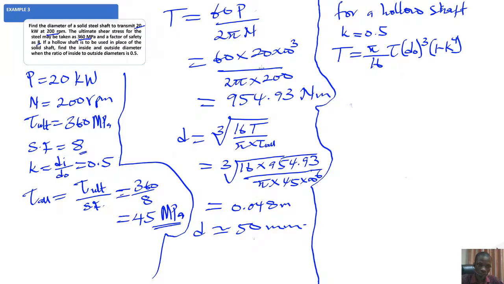That is the equation for a hollow shaft.